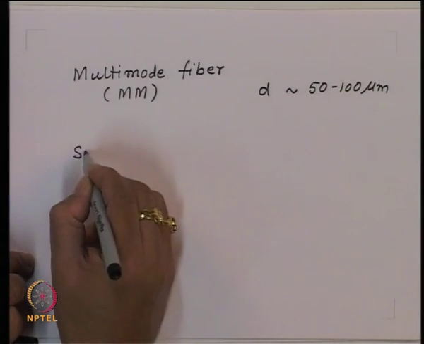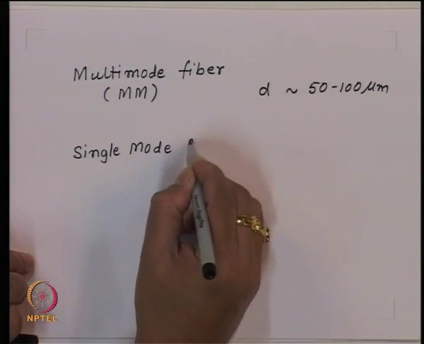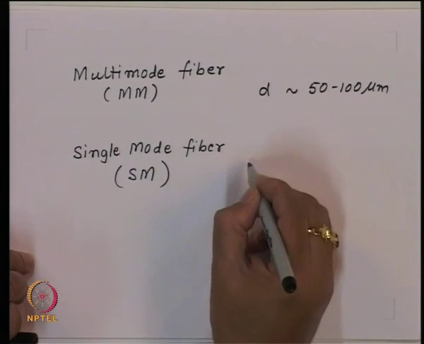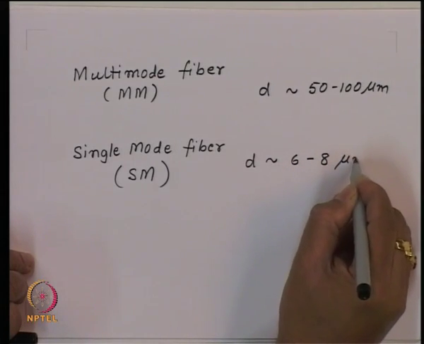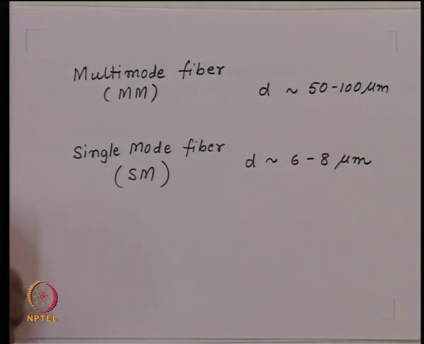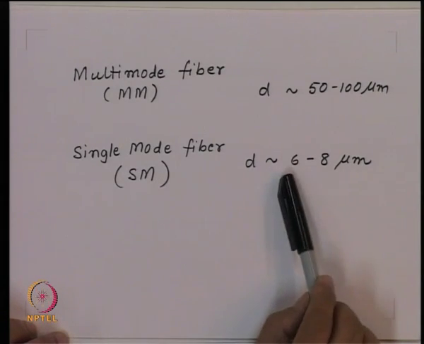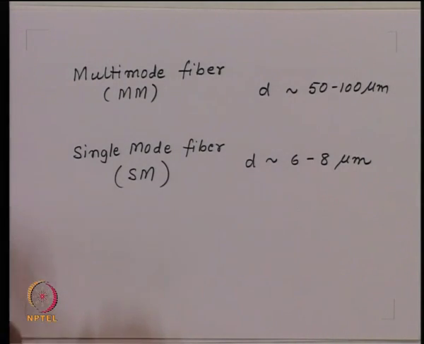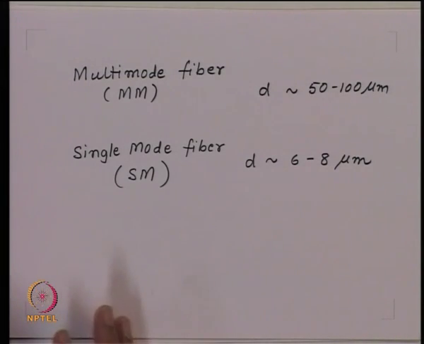And if I consider a single mode optical fiber, then we have a diameter typically in the range of 6 to 8 micrometer. So, you can see that when we have a single mode optical fiber, the diameter is really very, very small, and that is the reason the light has to be very precisely focused on the core, so that it can get efficiently guided inside this fiber.